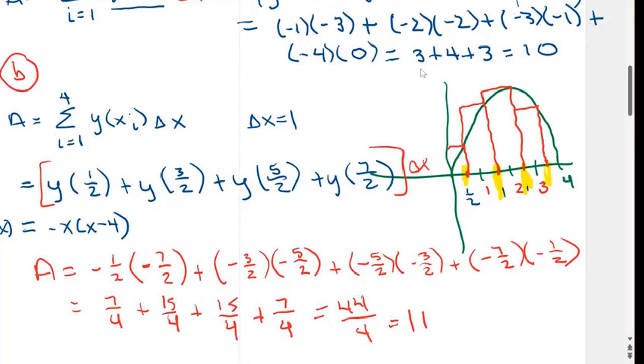And I'm not going to do the left-hand rule, but what it would look like would be, and I have my parabola. So if I use the left-hand rule, I would start here. This would be 1, 2, 3, and 4. And my first box, because I'm already at the highest y, is going to be just a straight line. And then this is the left-hand side.